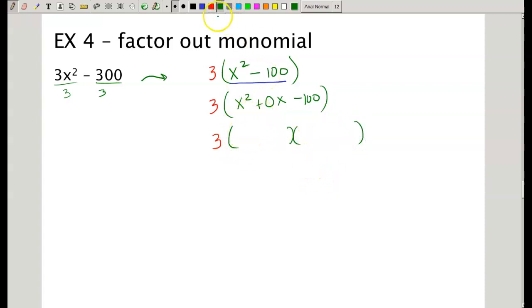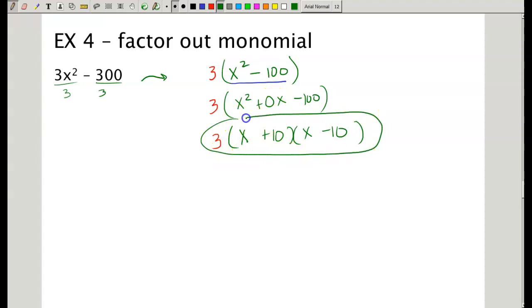Now, if I factor this, I know it's going to be x times x is x squared here, and plus 10 and minus 10 is going to be the correct factoring here, because 10 times negative 10 is negative 100, and 10 plus negative 10 is 0 here. So this would be the correct factoring, right?